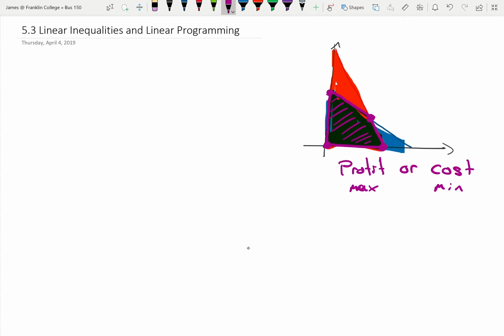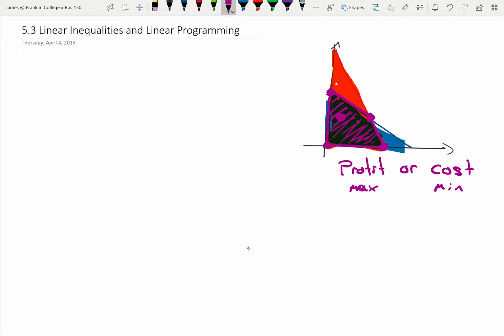And then given that we know this is the solution set, given our linear constraints, there's a nice property that one of these corner points is going to be a point that maximizes our profits or minimizes our costs. We're not going to be too concerned about one of these interior points. That point's not going to maximize our profits or minimize our costs.